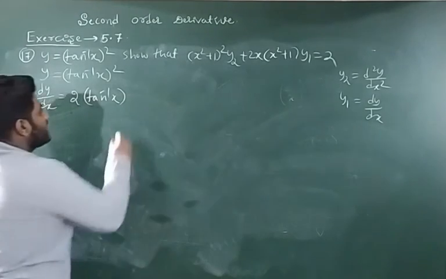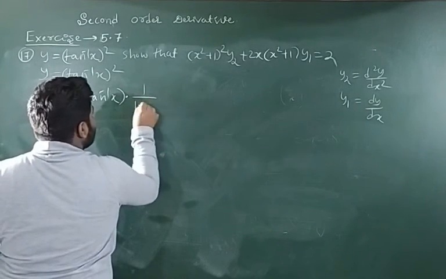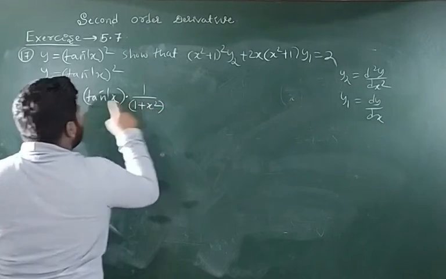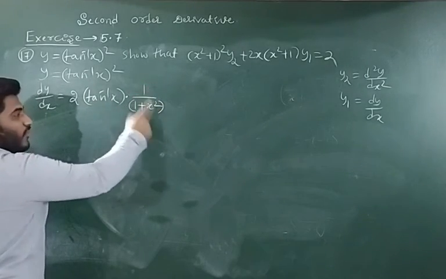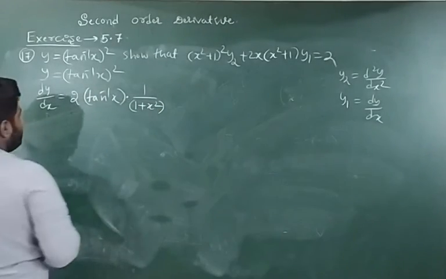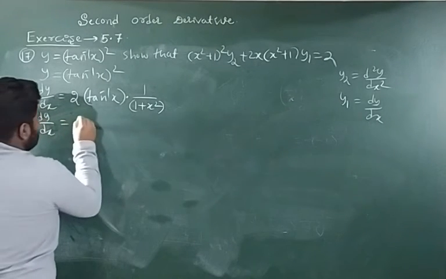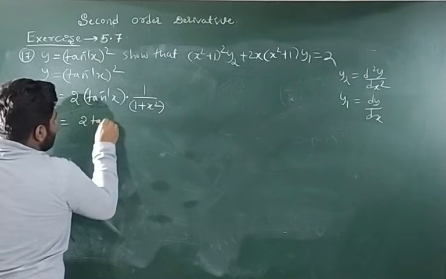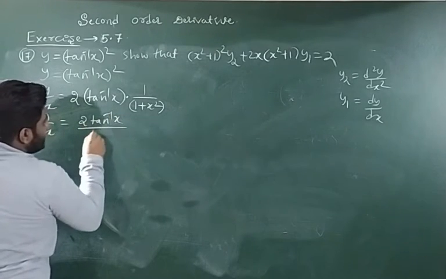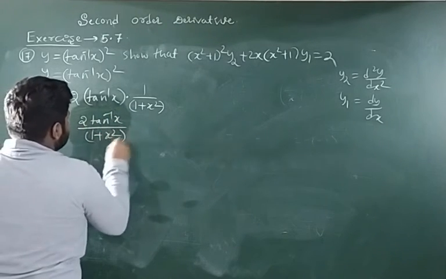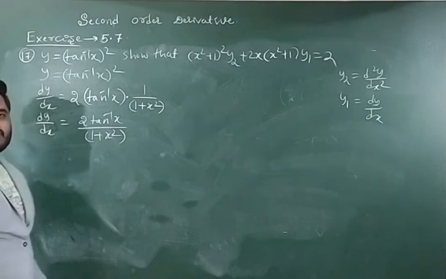But it is tan inverse x, so I take 1 divided by 1 plus x square, because differentiation of tan inverse x is 1 divided by 1 plus x square. Simplifying, dy by dx equal to 2 tan inverse x divided by 1 plus x square. This we got as dy by dx.